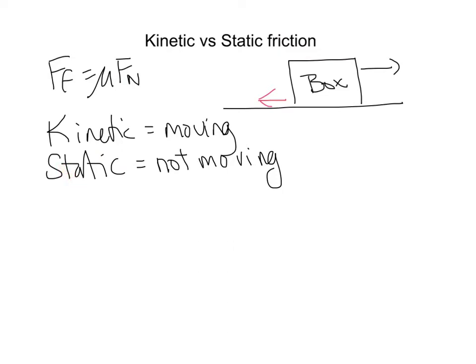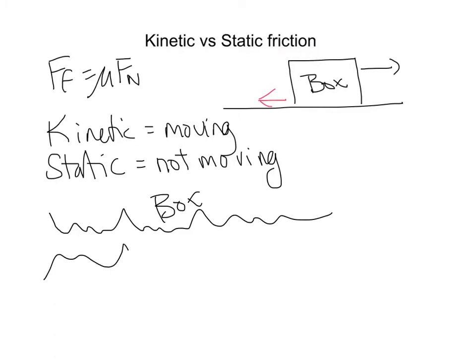So in the two surfaces, we can kind of explain it like this. Here's the microscopic view, again, of two surfaces. So here's the box, and here's the floor, let's say. When the two surfaces are not moving relative to one another, they tend to get squished together and settle into one another.